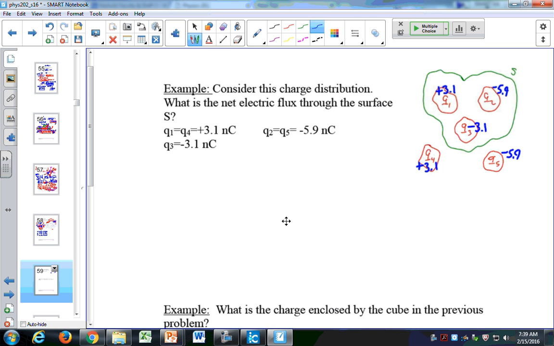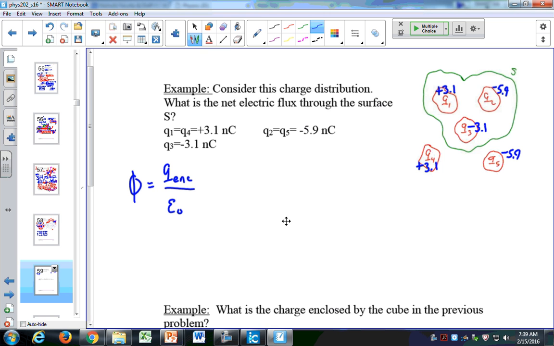All right. So remember our Gauss's law says that the total flux is equal to my enclosed charge divided by my epsilon naught. And so each of these charges will contribute to that flux. But these two charges will not contribute to that flux at all because these are not enclosed within that Gaussian surface.